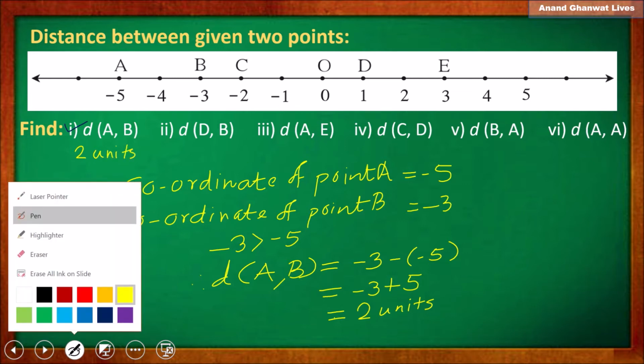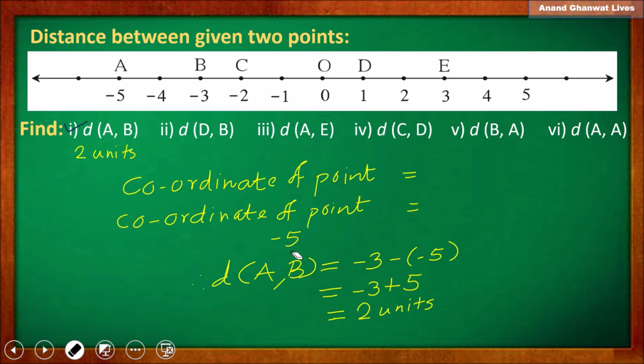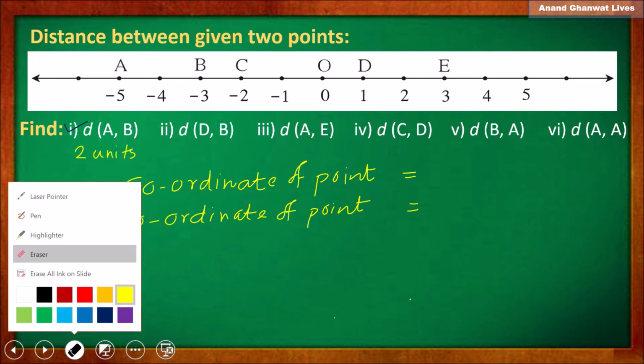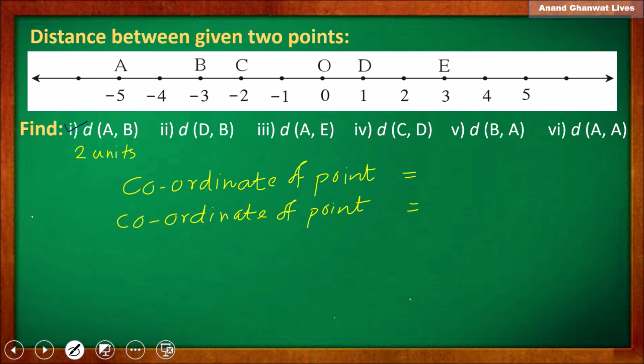Now let us find the distance between point D comma B. For that, you must find the coordinate of point D and the coordinate of point B. Coordinate of point B is, very good, -3. Coordinate of point D is 1.